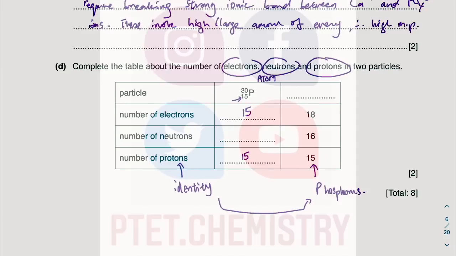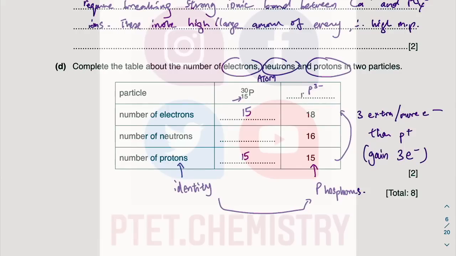But here what do you notice? You notice 3 more electrons than protons. So you must have gained 3 electrons. Because you gained electrons, now you are 3 minus, and I have to write it in such a form. So it's 15 protons and how many nucleons?